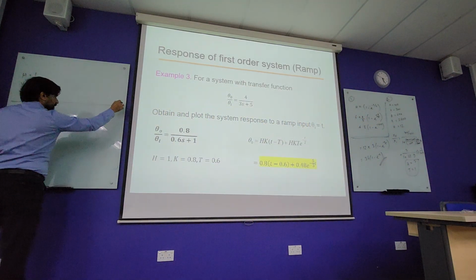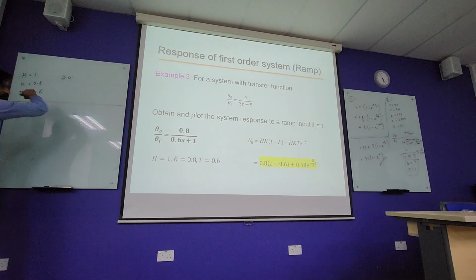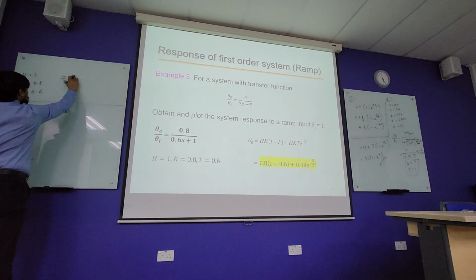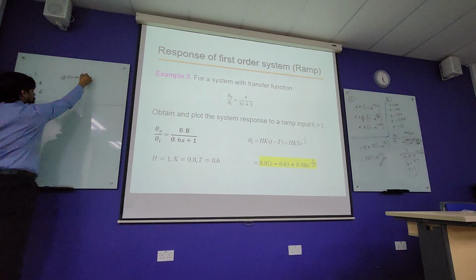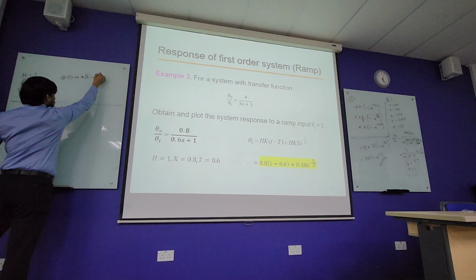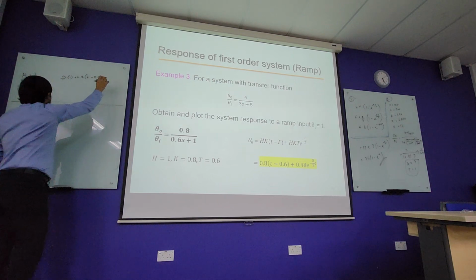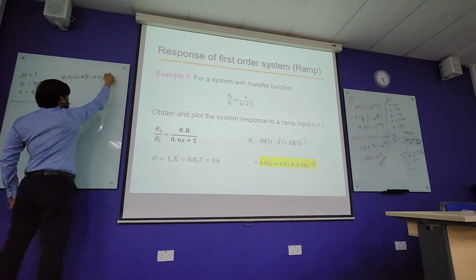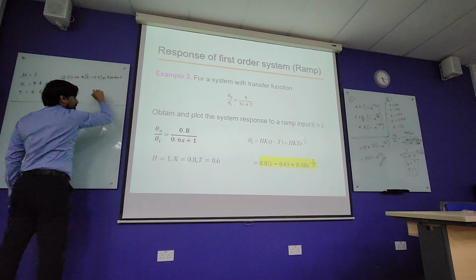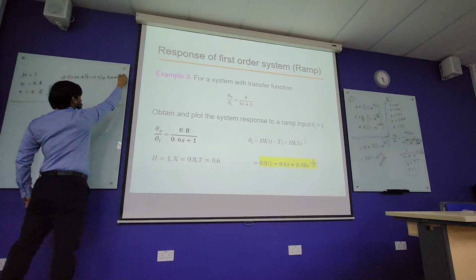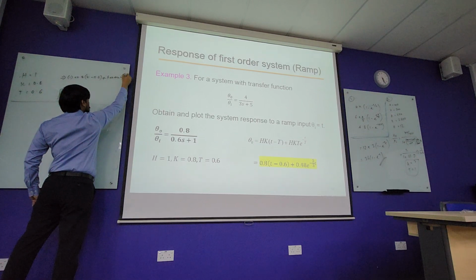So this is the third one. 1 multiplied by 0.8, (t minus 0.6), then plus 1 multiplied by 0.8 times 0.6 exponential of minus t divided by 0.6.